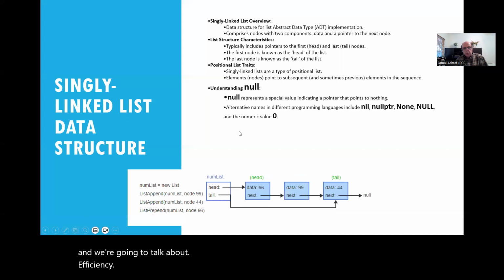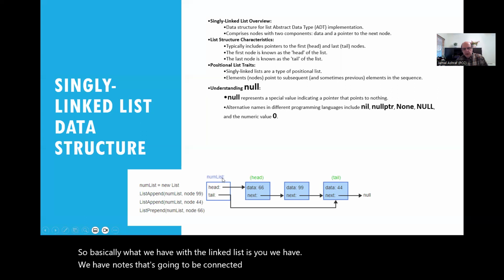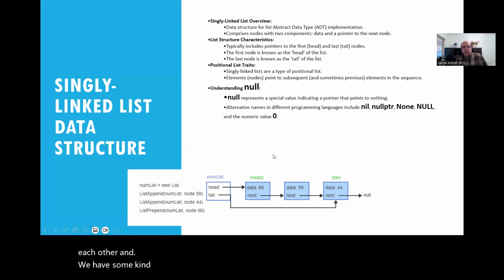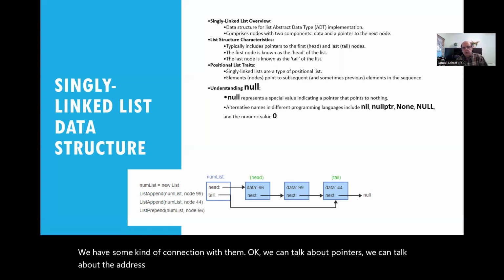So basically, what we have with the linked list is nodes that are connected to a list, and they're connected to each other, and we have some kind of a connection between them. We can talk about pointers, we can talk about the address.